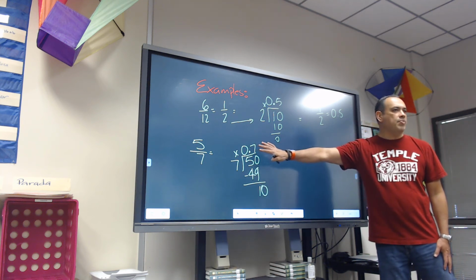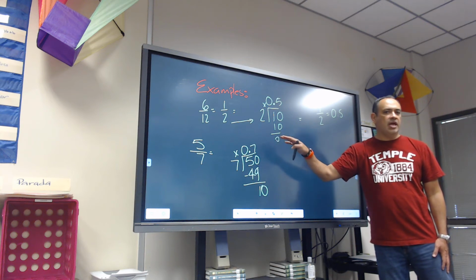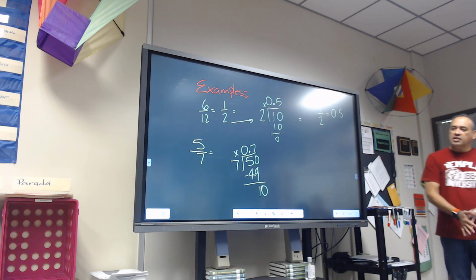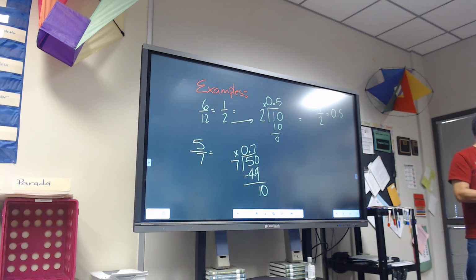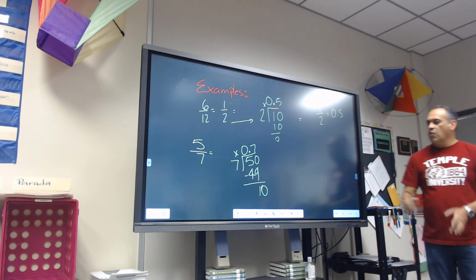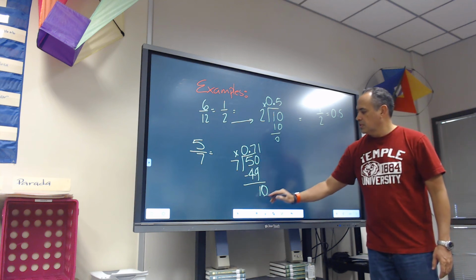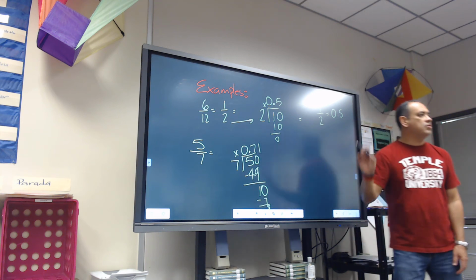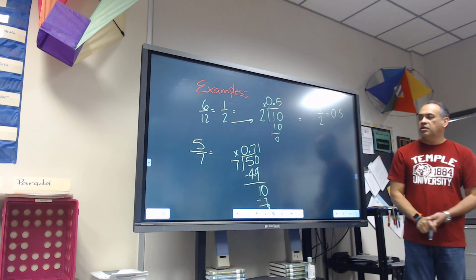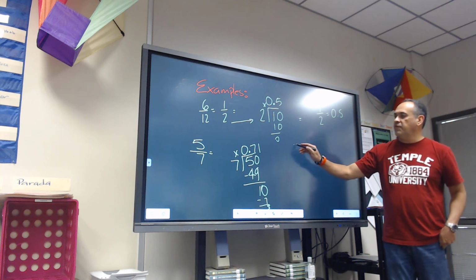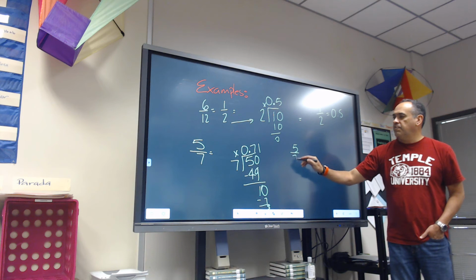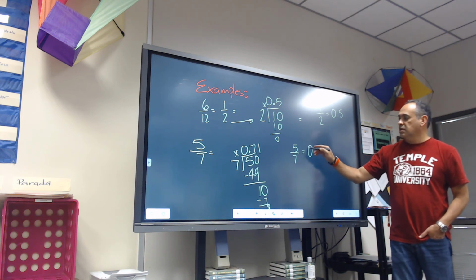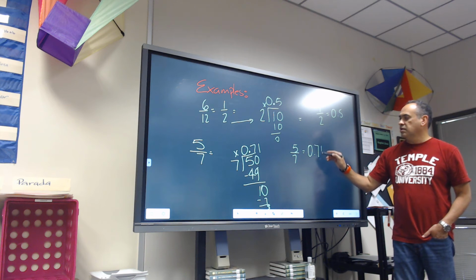Remember that decimals have more than one place value. So in this case, what number multiplied by 7 gives me close to 10? 1. And my remainder is 3, and I'm just going to leave it at that. So 5/7 is the same as 0.71, or 71 hundredths.